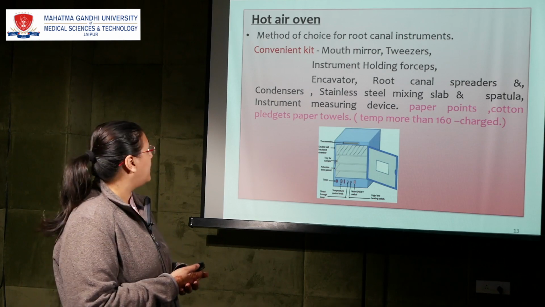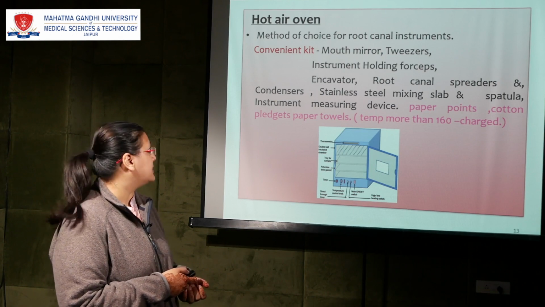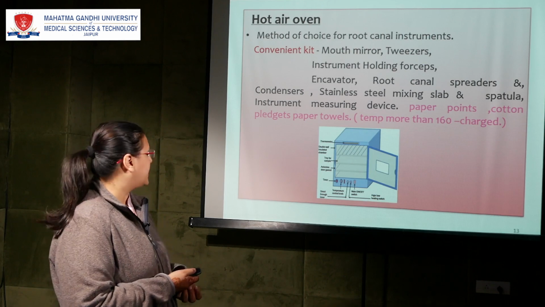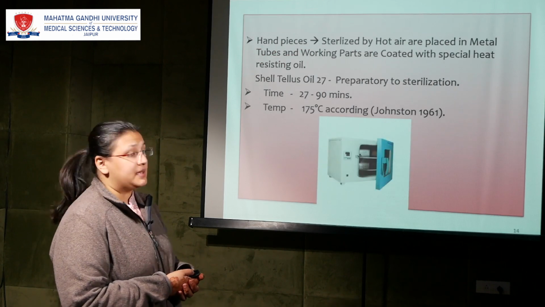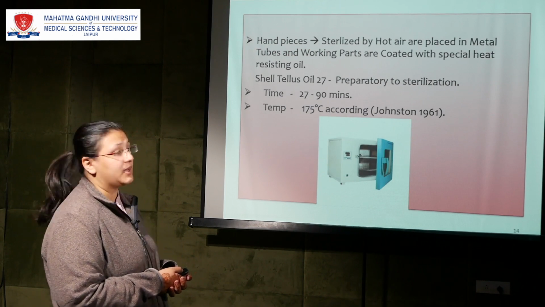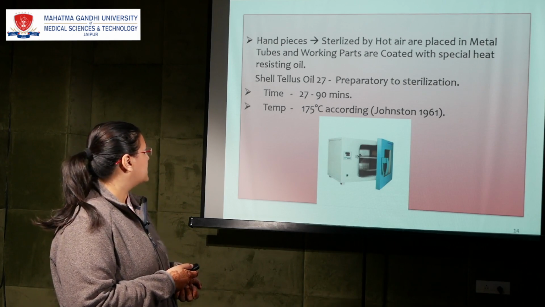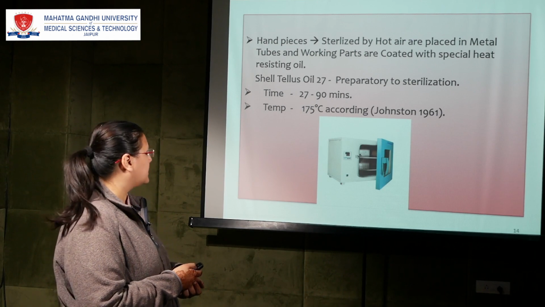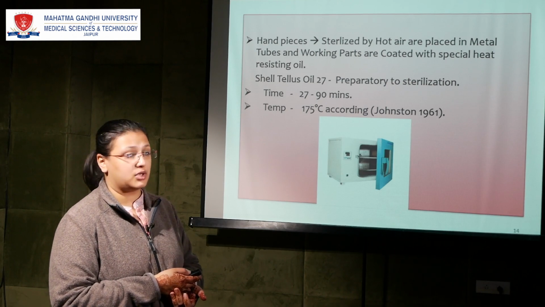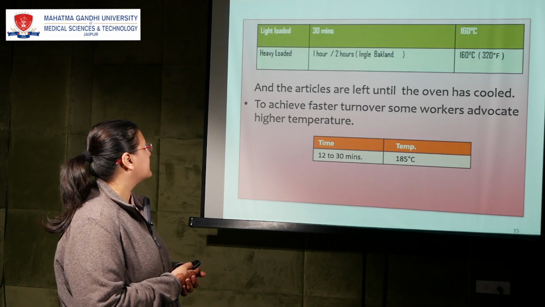Then the hot air oven was the method of choice for instruments like mouth mirrors, tweezers, instrument holding forceps, excavators, root canal spreaders, etc. Handpieces were sterilized by hot air, placed in metal tubes, with working parts coated with special heat-resisting oil, known as Shell Tellus oil, as preparation for sterilization. The time was 60 to 90 minutes at a temperature of 175 degrees Celsius.